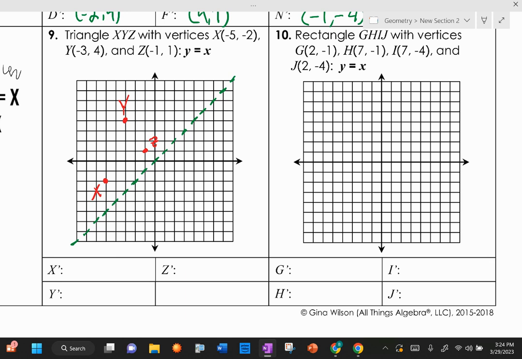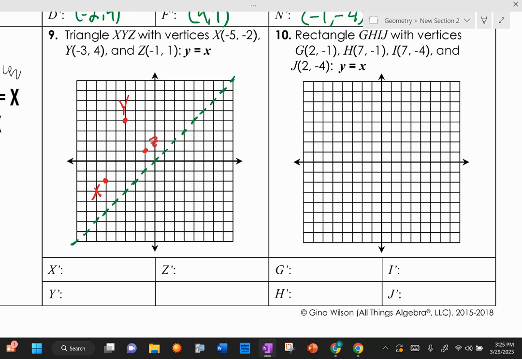Okay, now the diagonals for y equals x are going to be a little different on how we need to flip them, because it's not as easy to count diagonally. But mathematically, there is a fairly simple way to identify the points without having to do any counting.